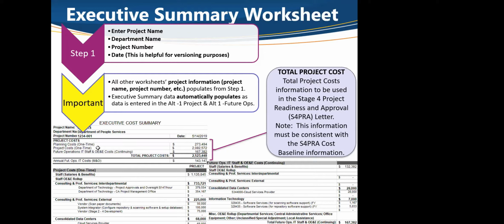The staff OE&E roll-up, we'll get to that, but that includes all those expenses like rent, training, general staff complement expenses. Anything like that is rolled up into one cost. It looks like in this solution there wasn't any, but normally you would have that staff OE&E roll-up cost.